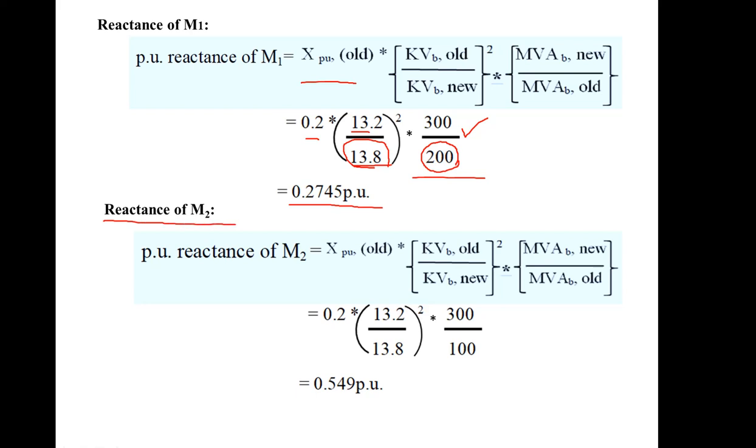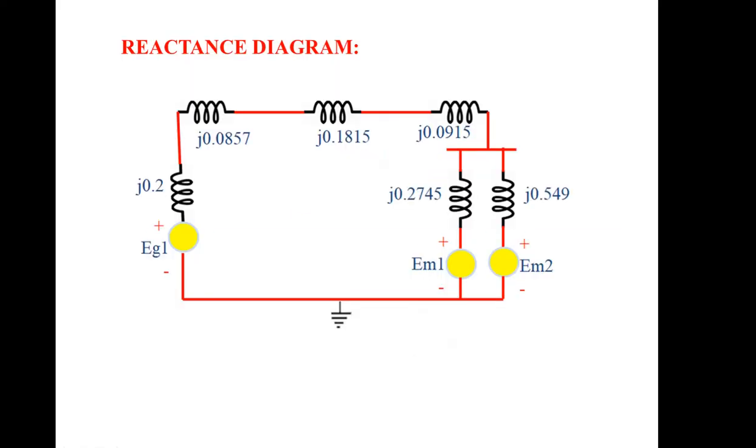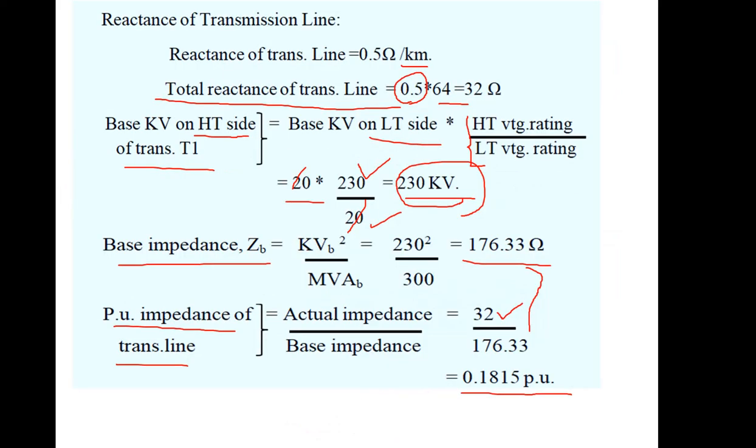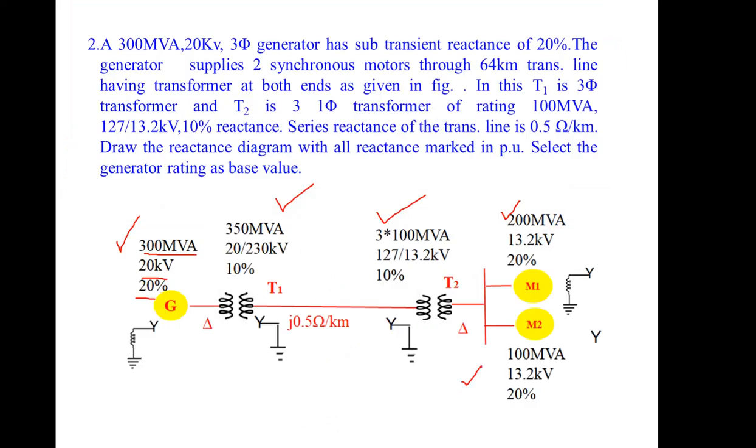The last to be found is the reactance of motor M2. Same as what we did for M1, the same formula, only the values change. For M2 in the single line diagram, the rating is 100 MVA, 13.2 kV and 20 percent.